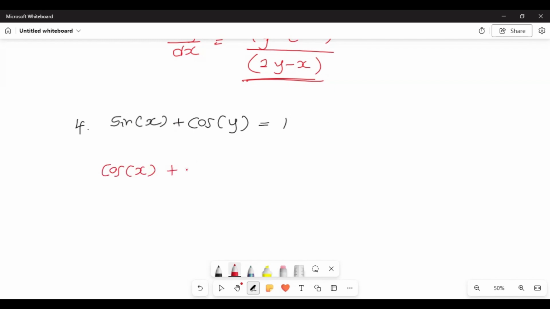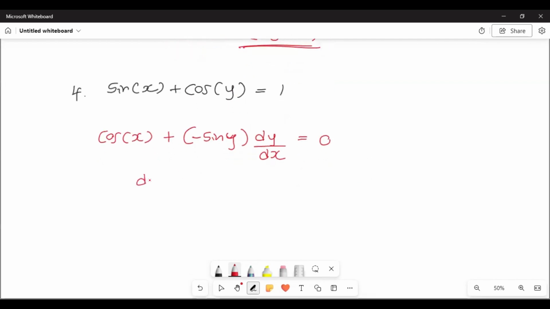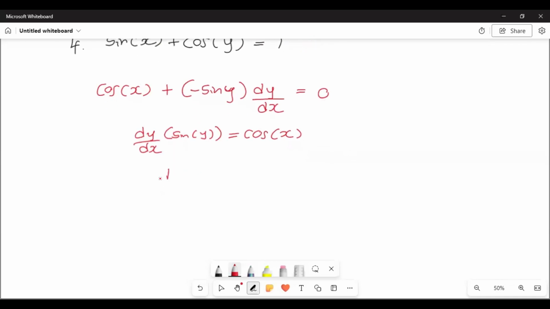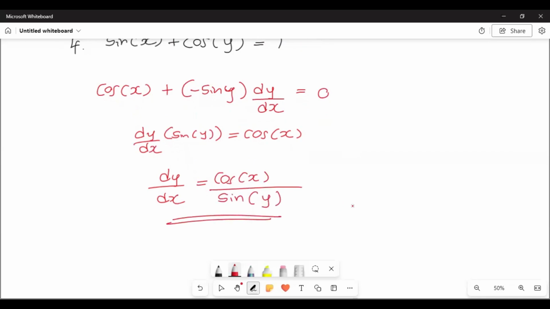Here it's going to be negative sin y times dy over dx, because we need to differentiate this y too. And 1 is going to be 0. So it's going to be dy over dx times sin y equals cos x. So the final answer is dy over dx equals cos x divided by sin y.